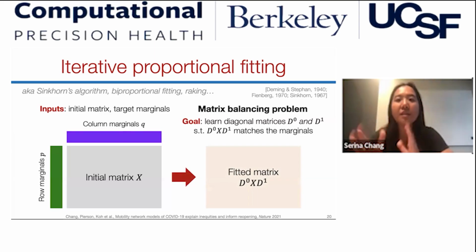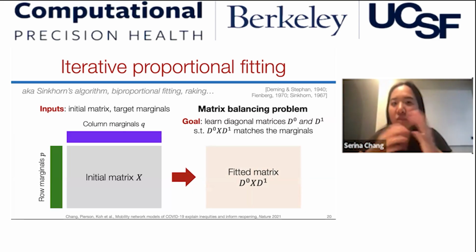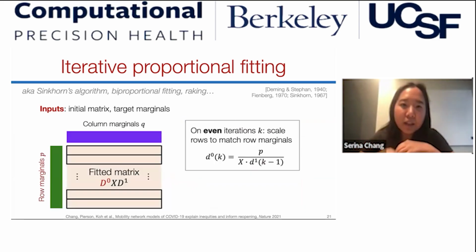And then you want to solve the matrix balancing problem. That's saying learn diagonal matrices D0 and D1 such that D0 X D1, so when you scale X by D0 and D1, you're now able to fit both the row marginals and the column marginals. And the way that iterative proportional fitting, or IPF, does this is that it iteratively scales the rows and then the columns.